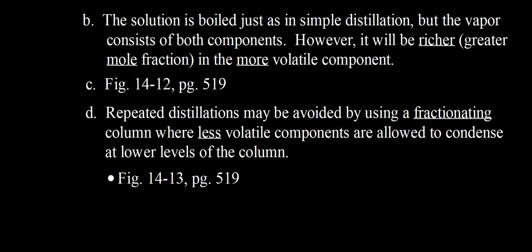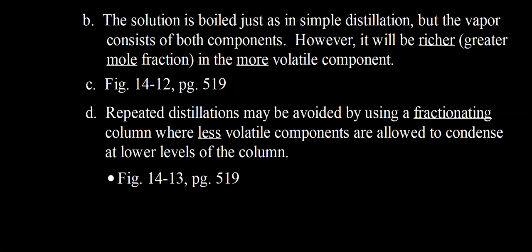Take a look on page 519. We see a setup in figure 14.13 where you use this fractioning column, it's called. And so basically what you do is you'll collect the vapor. That vapor again consists of both components. Cool it, recondense it, and then heat it up again. Boil it again.